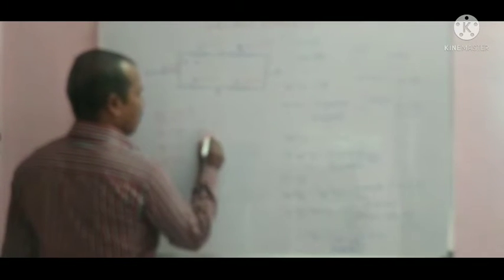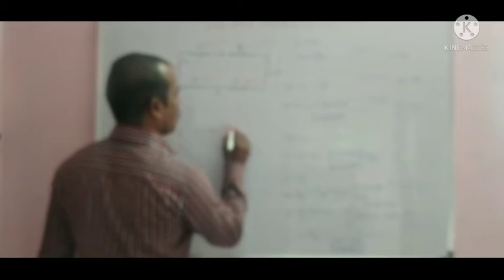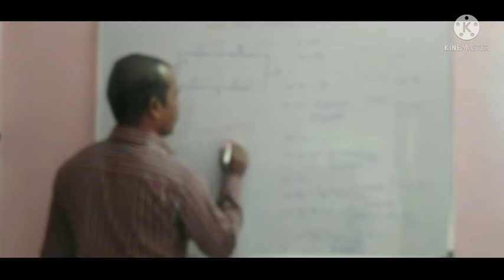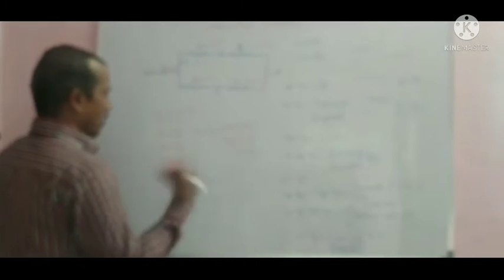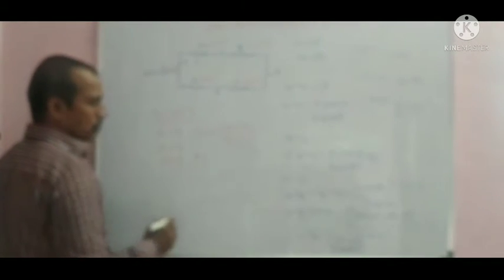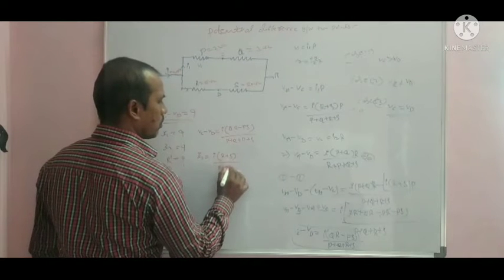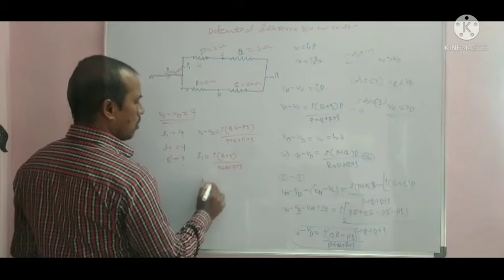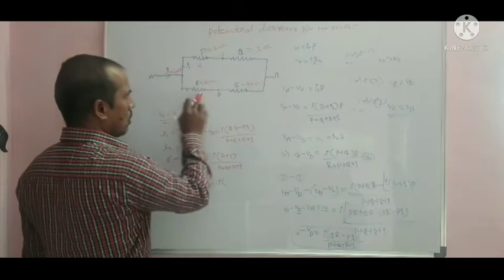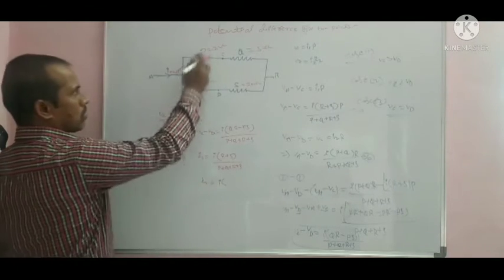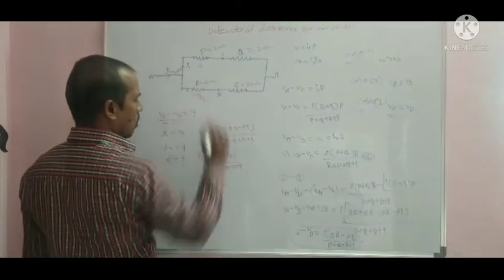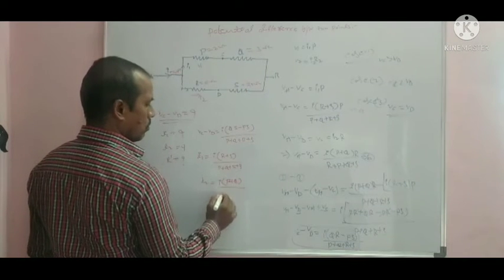First of all, this formula, the potential difference formula here: VC minus VD is equal to I into QR minus PS by total, P plus Q plus R plus S. Next, I1 is equal to the formula: total current into the opposite resistance, R plus S by total P plus Q plus R plus S. Next, I2 is equal to the formula: total current into the opposite branch resistance, P plus Q by total resistance.